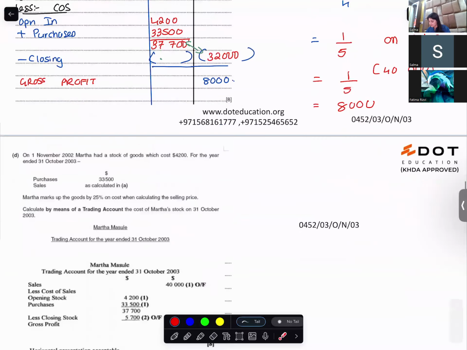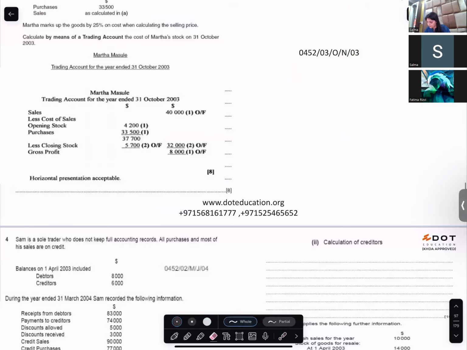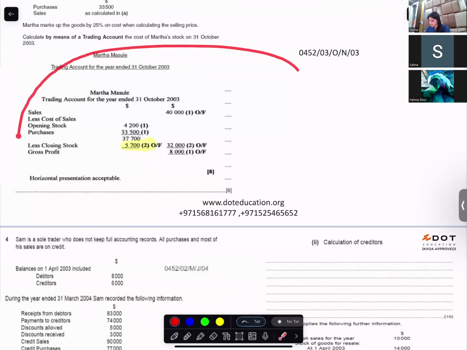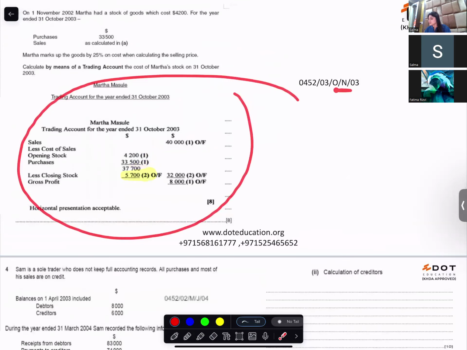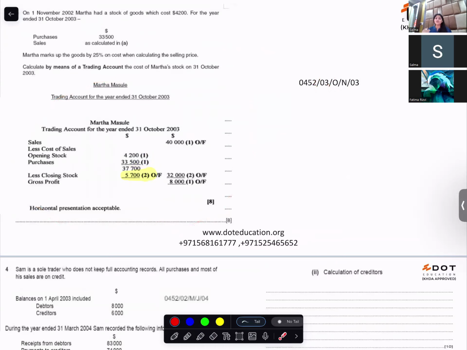So 5,700 is your closing inventory. Are you with me? Yes, miss. This completes your sum of October, November 2003, paper 3, incomplete records. It's the reverse calculation of your closing inventory, your missing inventory. Okay.